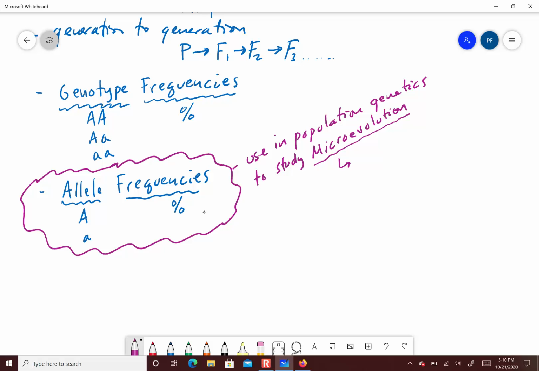We use allele frequencies to study microevolution, so microevolution is a change in allele frequencies. That's what we're looking for with microevolution, small scale changes in populations. What we're really looking at is changes to the gene pool, and to follow that, what we have to look at are these allele frequencies.